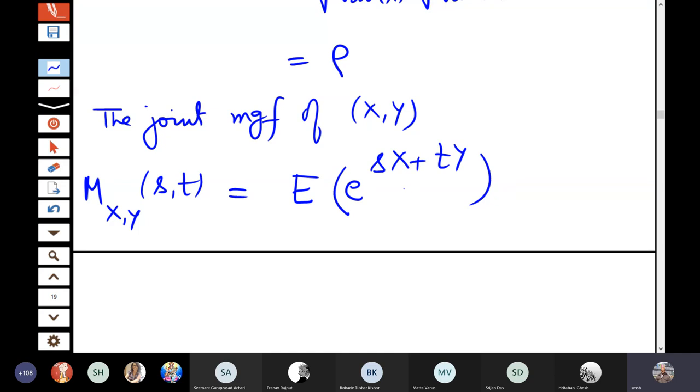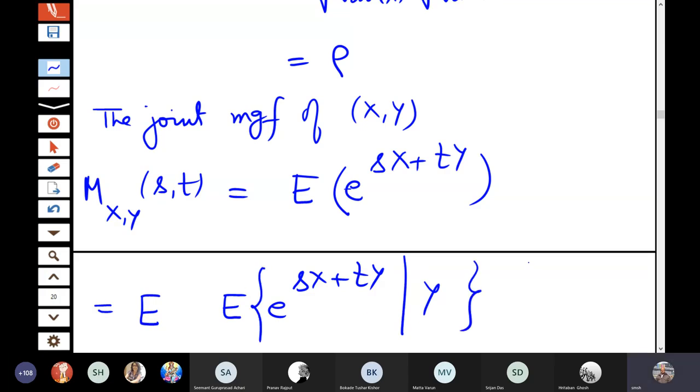So again you can see that this is nothing but the expectation of a function of two variables. So I can use again the same property, I will do it iteratively. So I can consider it as expectation of e to the power sx plus ty given x or given y. Let us put y here. I have already exhibited one type of calculation, so let me do the other way here.